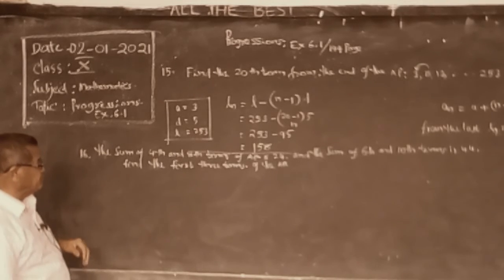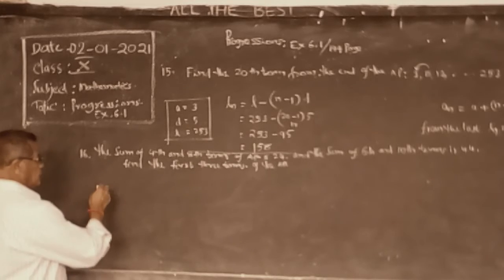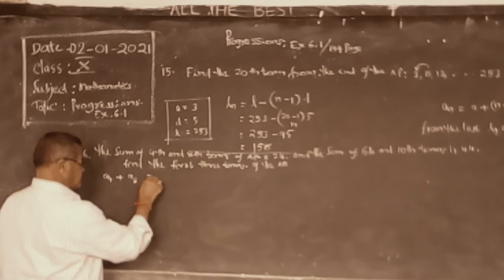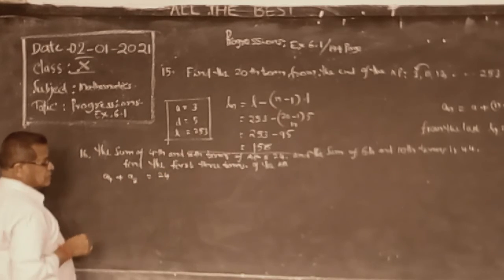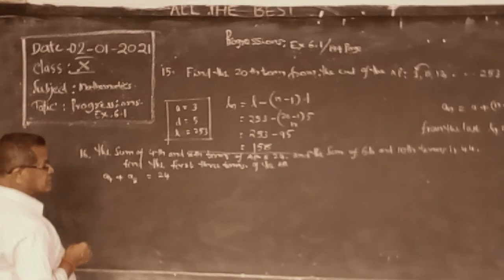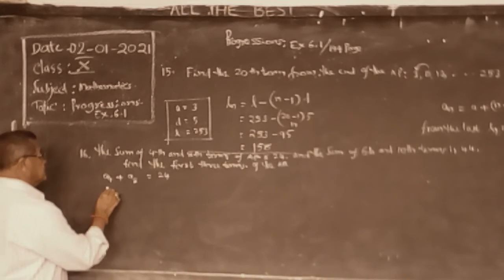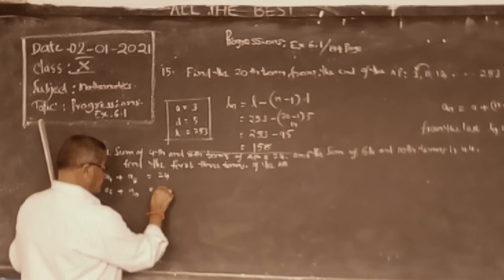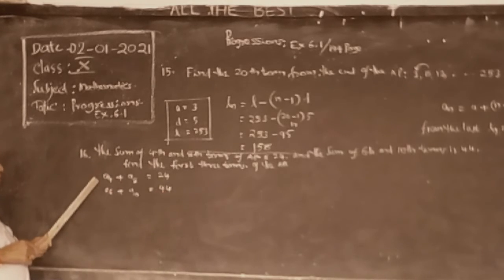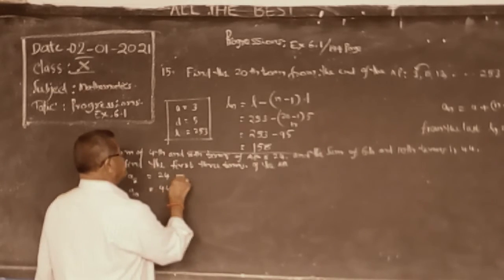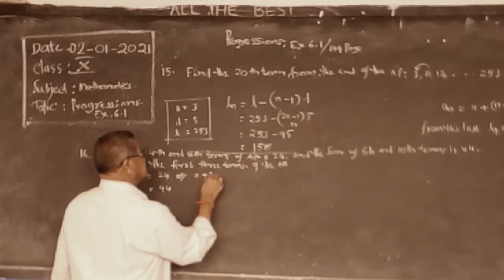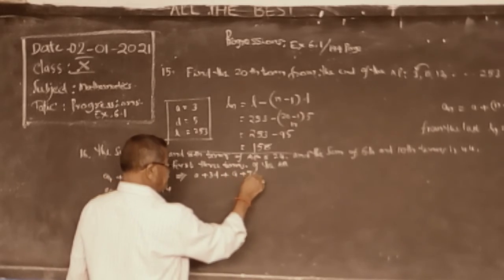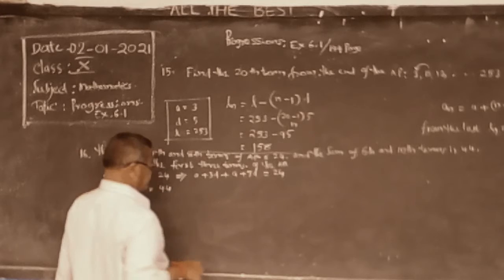Sum of fourth term and eighth term: A4 plus A8 is equal to 24. First equation. Second equation, sixth term and tenth term: A6 plus A10 is equal to 44. What is A4? Fourth term, 4 minus 1, A plus 3D, and eighth term, 8 minus 1, A plus 7D is equal to 24.